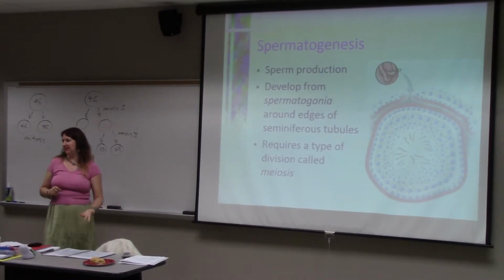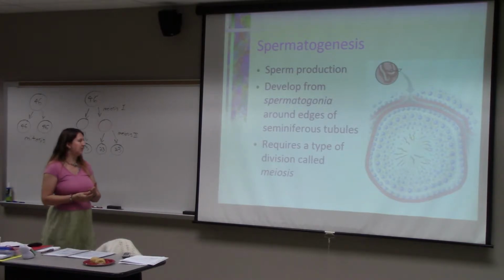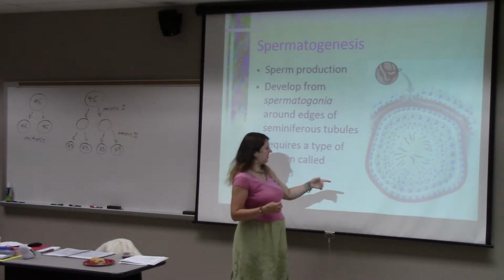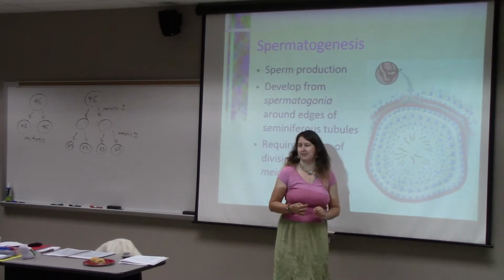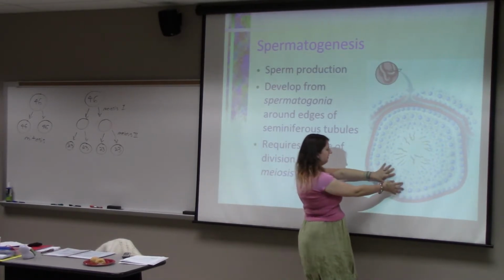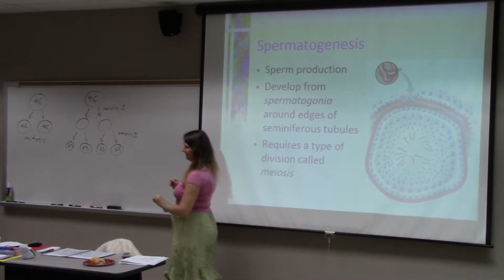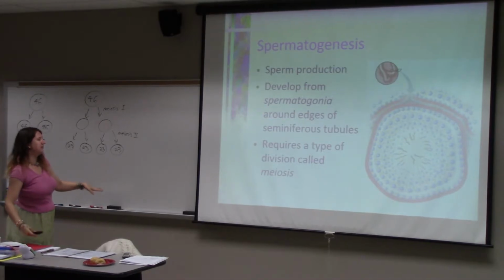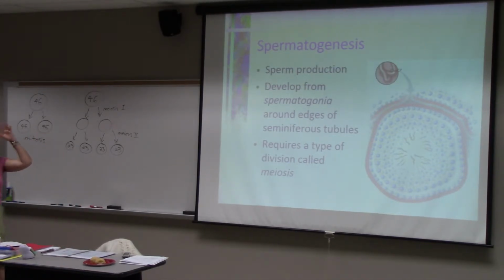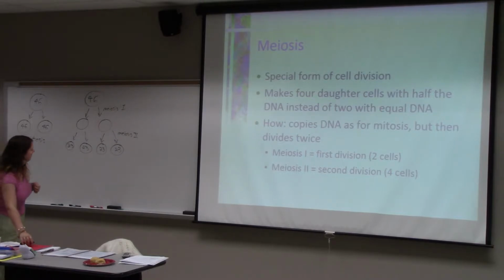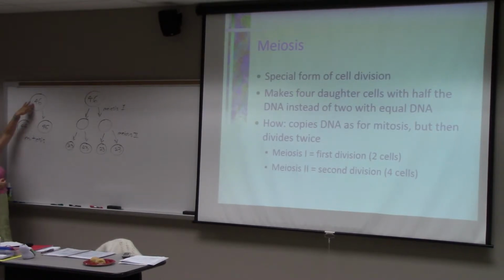Sperm production is called spermatogenesis. The starting cells are spermatogonia that are around the edges of the seminiferous tubules. As they form into sperm, they move toward the center of the tube. The special division to get sperm or gametes in general instead of regular cells is meiosis, where mitosis replicates the DNA and then divides, leaving two cells with a full set of DNA.